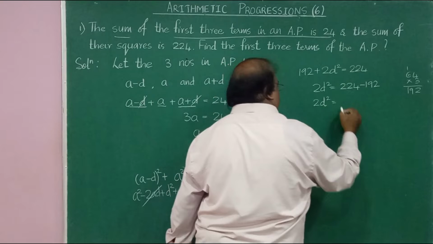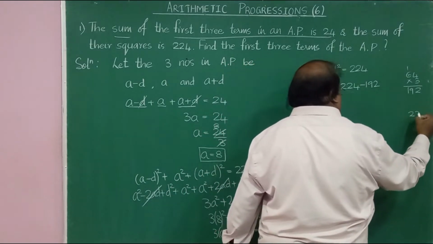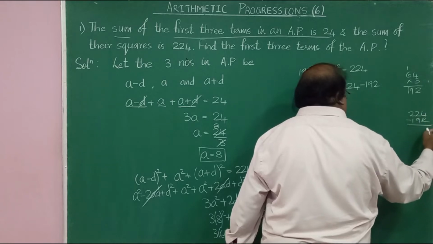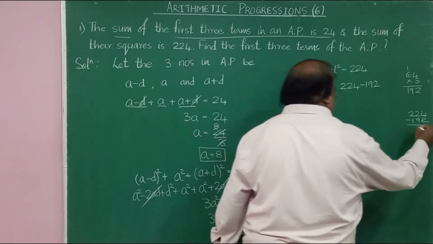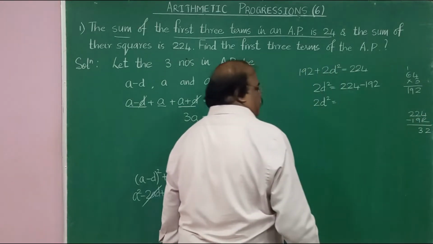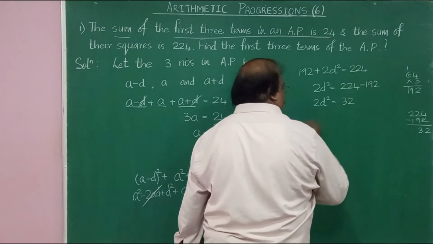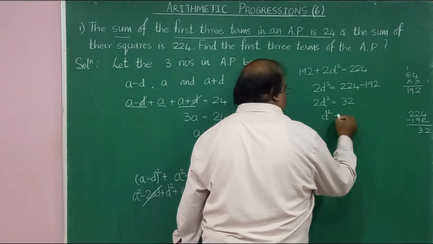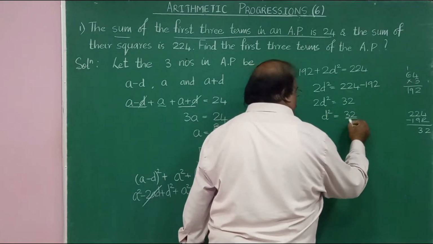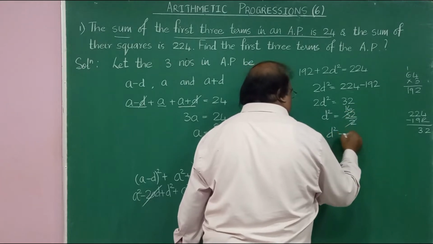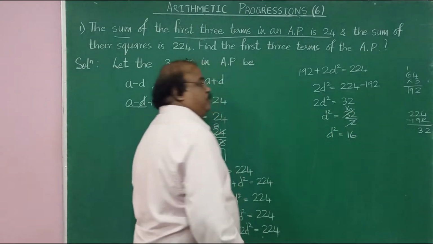What is 224 minus 192? It is 32. So you get 2D squared is equal to 32. So D squared is 32 upon 2. 2 16s are 32. So D squared is equal to 16.